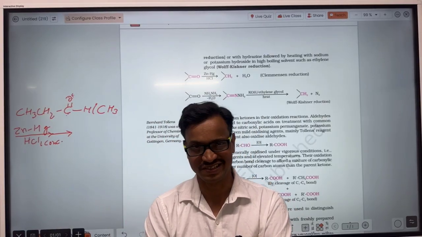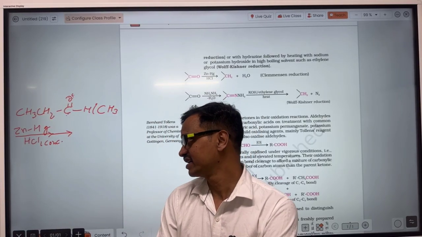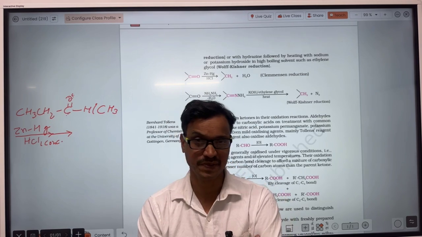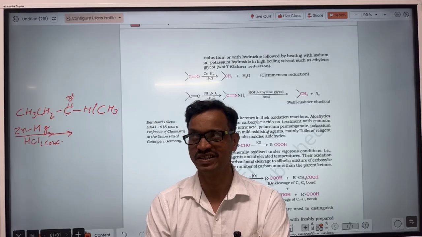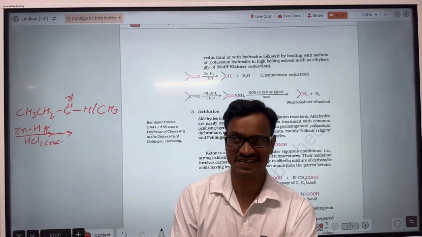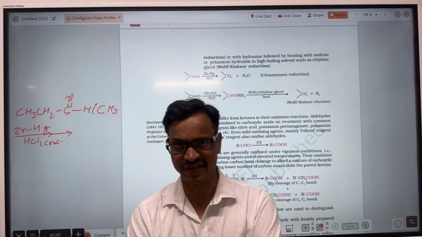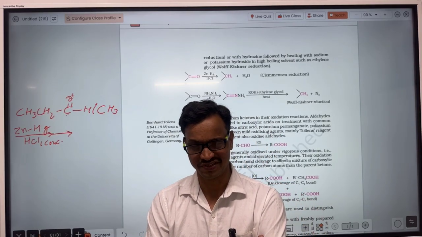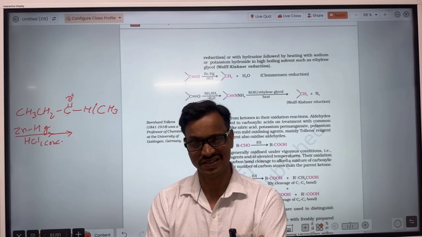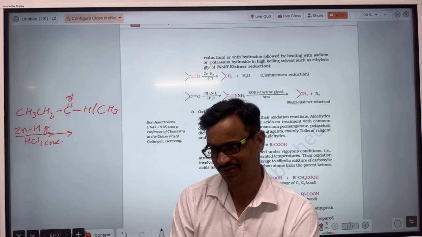But again that OH will combine with hydrogen, because this reaction is very fast and nascent hydrogen is provided very frequently during the reaction. So the alcohol so formed will further reduce into alkane.